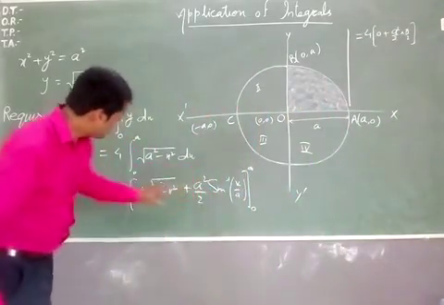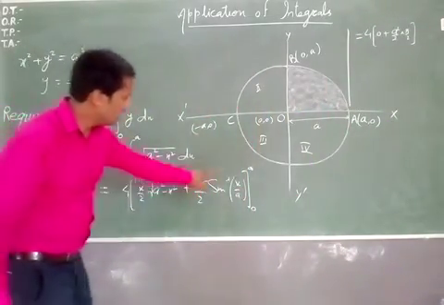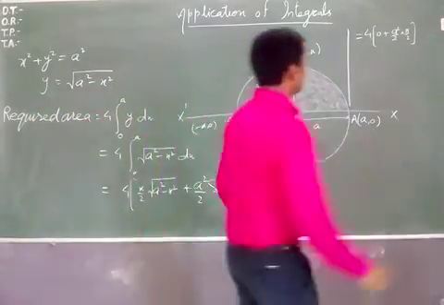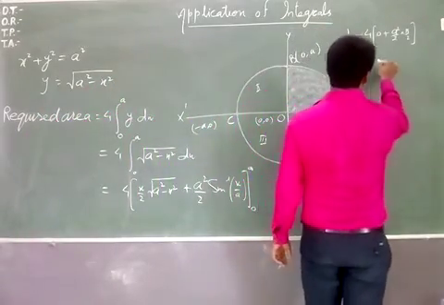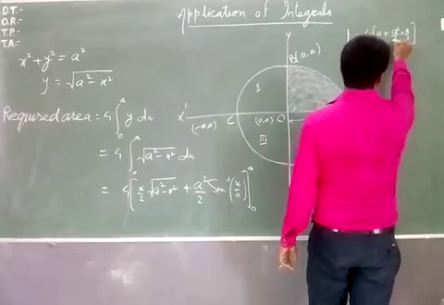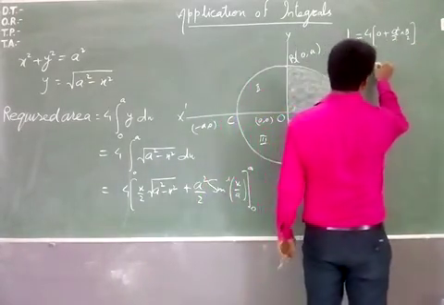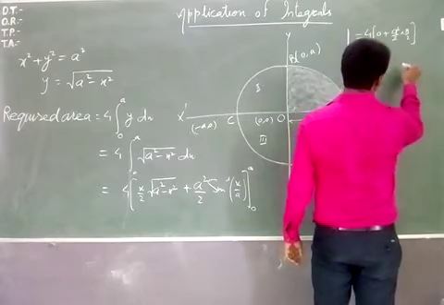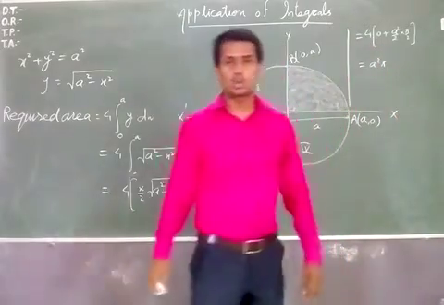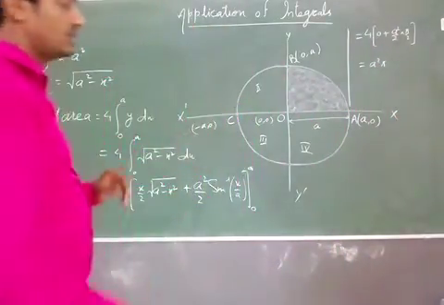If I put x equal to 0, this value is 0 and sin inverse 0 equal to 0. We can write here 4 into a square by 2 into pi by 2, 4 divided by 4, and we have only a square pi as the required area of the given circle.